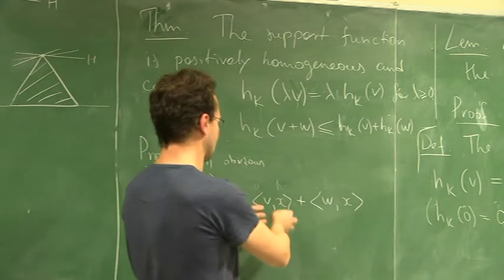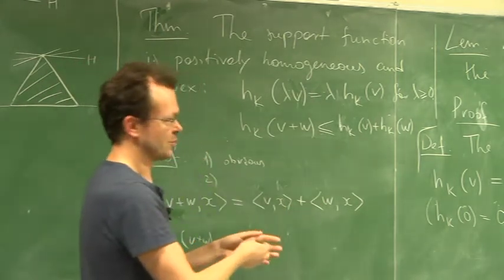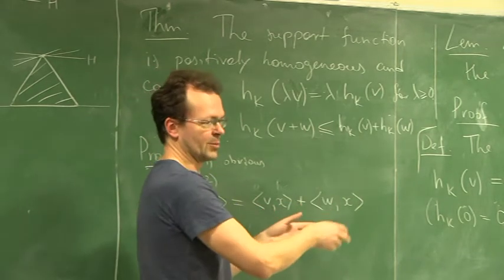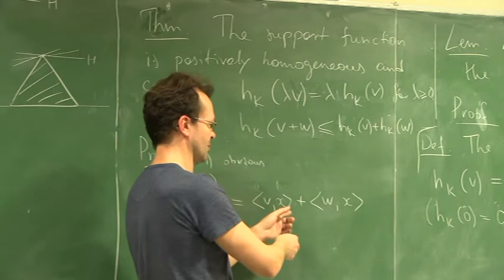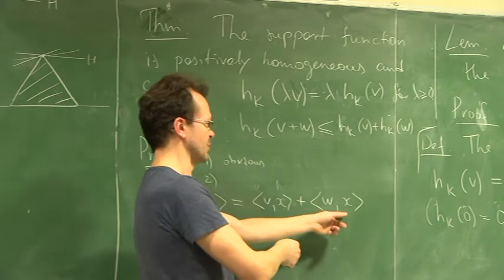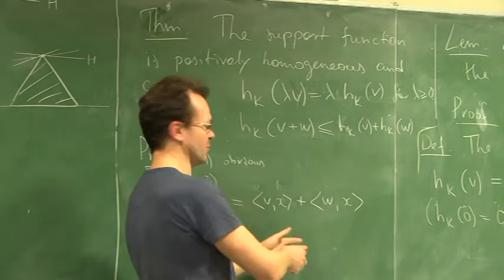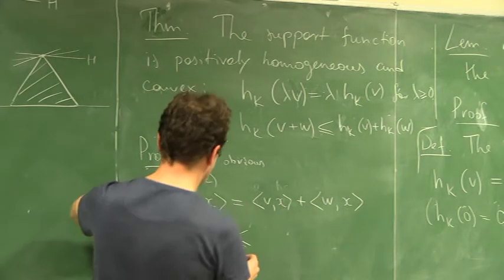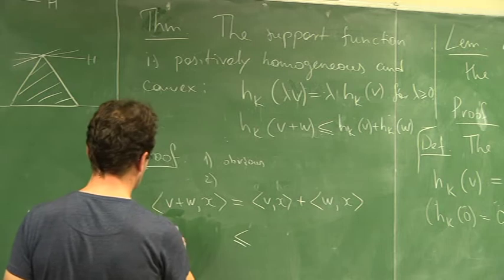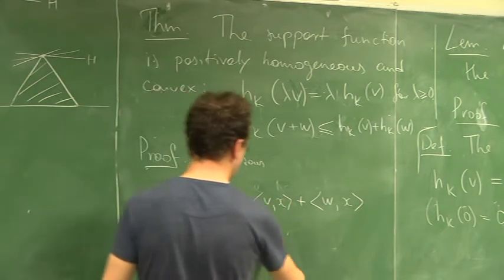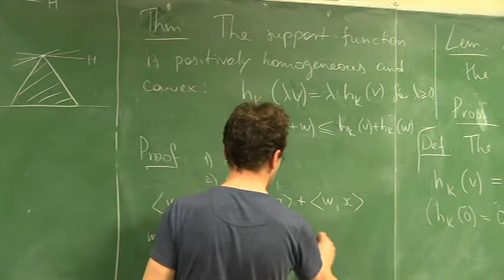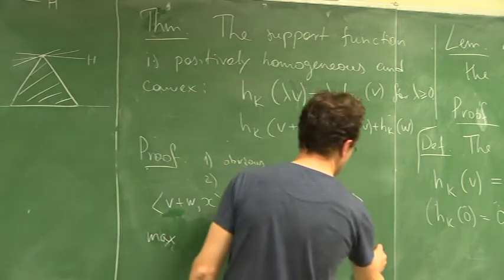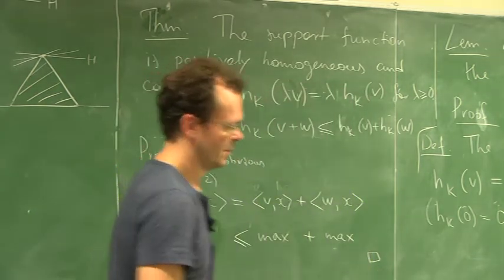But on the right-hand side, if you maximize the sum of two functions, the maximum of the sum is less or equal than the sum of the maxima, because maybe this function is maximized at one point, x1, and this function is maximized at point x2. So therefore, the maximum of the sum is smaller or equal. Let me write here, the maximum is less or equal than the sum of two maxima. And that's the end of the proof.